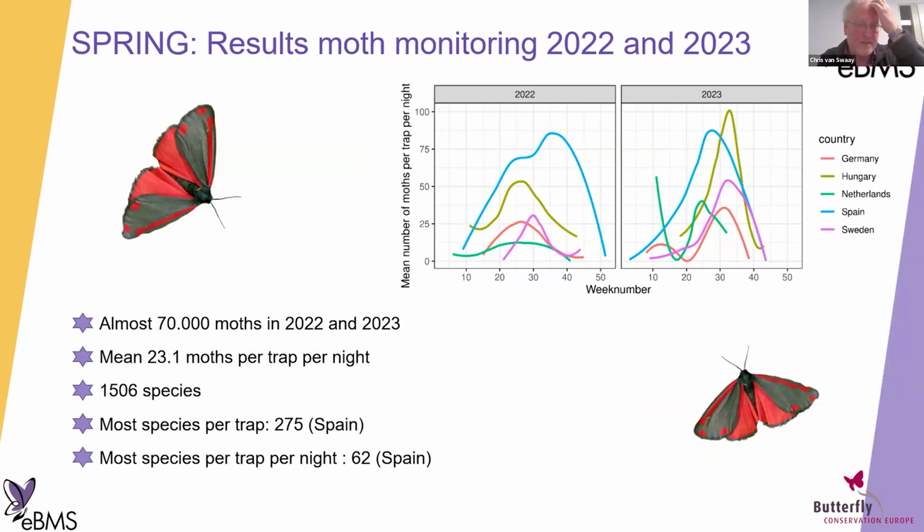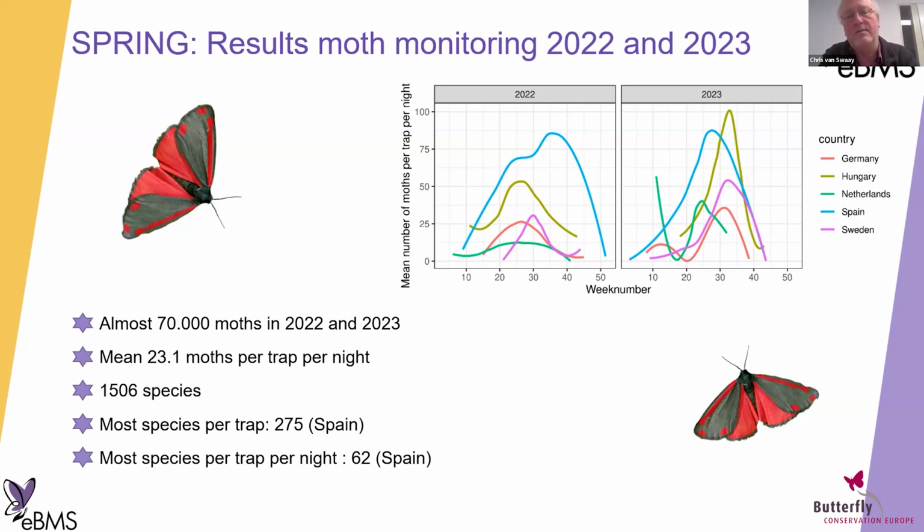Some results show the mean numbers of moths per night in time for the 5 countries we tested. You can see that especially Hungary and Spain had very high numbers. Sometimes that was even a problem because there were so many moths, even in the low power trap.